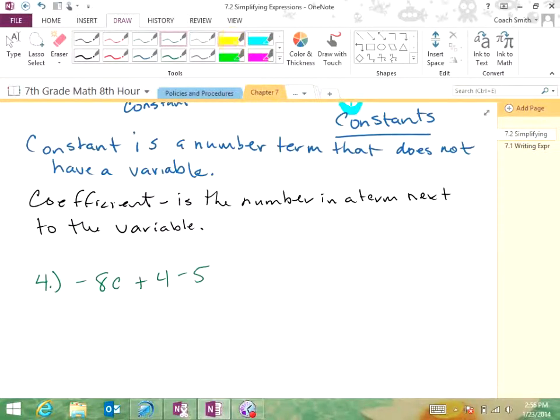So the constants are the ones highlighted in yellow. The coefficient is the one highlighted in blue. Okay? And the terms, that's a term, that's a term, and that's a term.